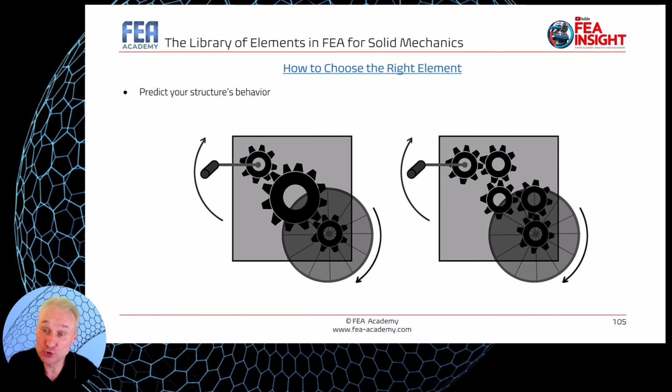Remember that you should not use FEA to predict the behavior of your structure. In fact, you must do the opposite and be able to predict the behavior of your structure to build a reliable and accurate FEA. If you do not have a fairly good idea of how the structure will behave, you may be misled by incorrect results based on incorrect assumptions in your element selection.